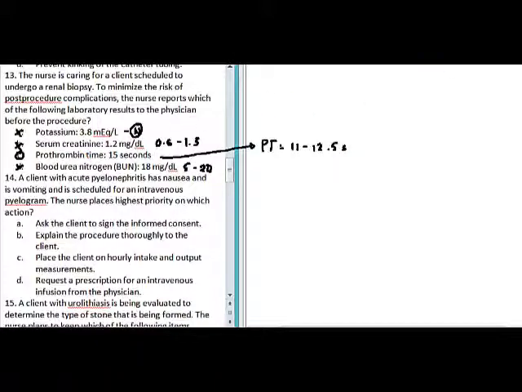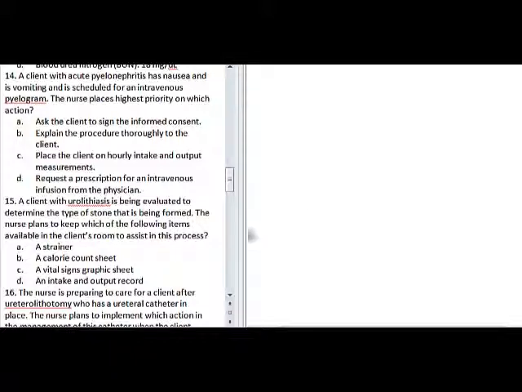number 14. Client with acute pyelonephritis has nausea and vomiting and is scheduled for an intravenous pyelogram. Place highest priority on which of the following? Is it A, ask the client to sign informed consent, explain the procedure, place the client on early intake, or request a prescription? Answer, D. Why?